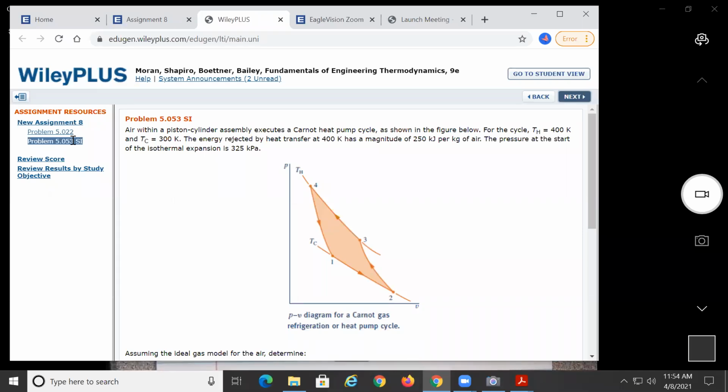We have 1, 2, 3, 4. This is T cold. This is T hot. And what's important to know is that this is a Carnot heat pump.